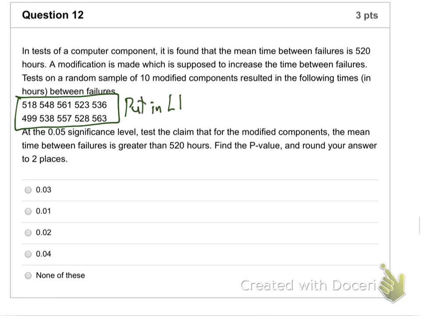At the 0.05 significance level, test the claim that for the modified components, the mean time between failures is greater than 520 hours. Find the p-value and round your answer to 2 places. All right, let's start by putting those numbers into L1. Okay, so we got to start with the claim, right?